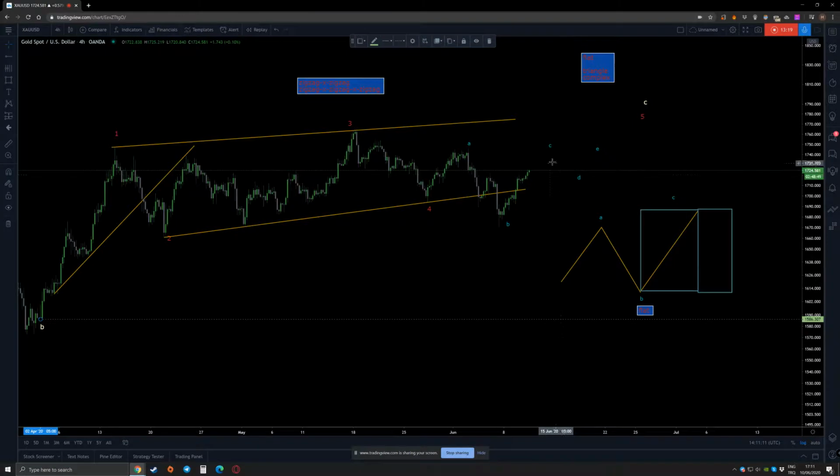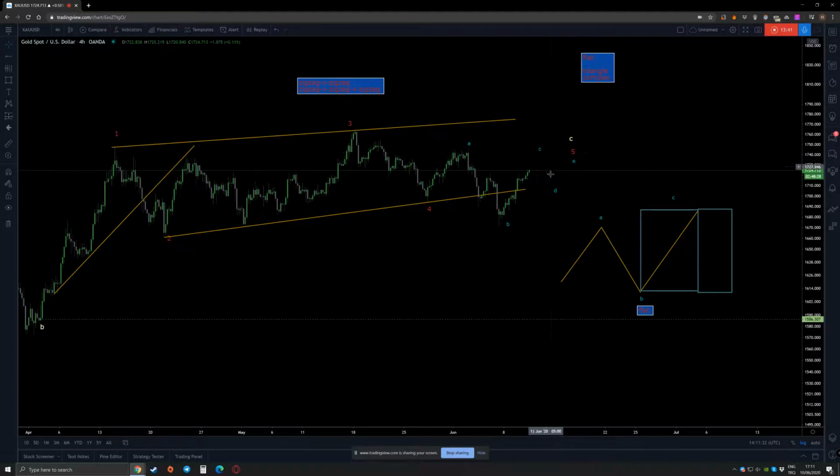Now, let's say that this is still a corrective move, and it is not a flat. Well, it can take something like this. It can do some triangle like this, and that triangle can be a fifth wave, and also it will be the C wave.